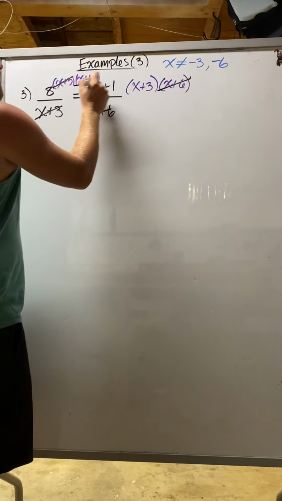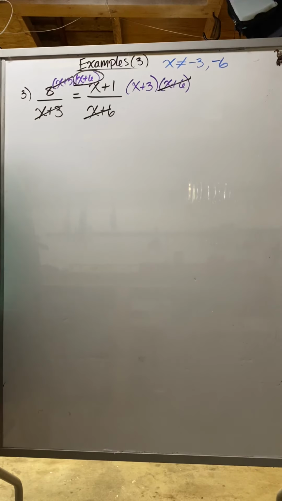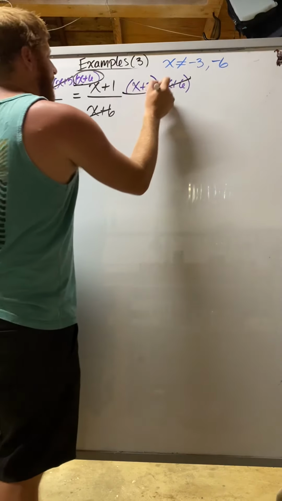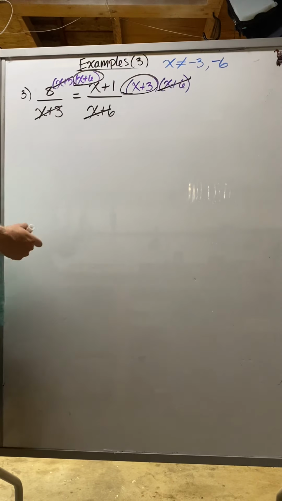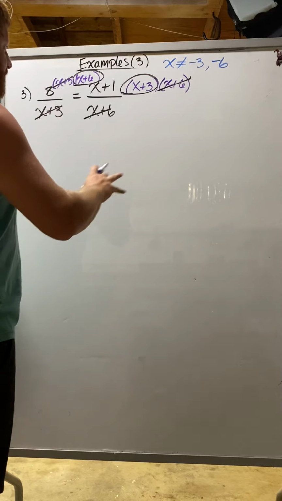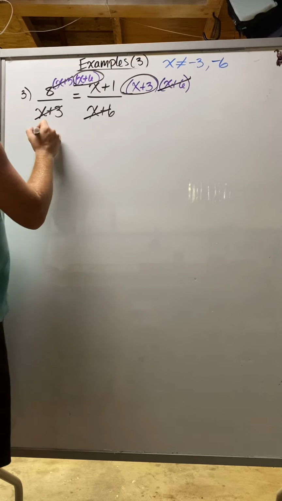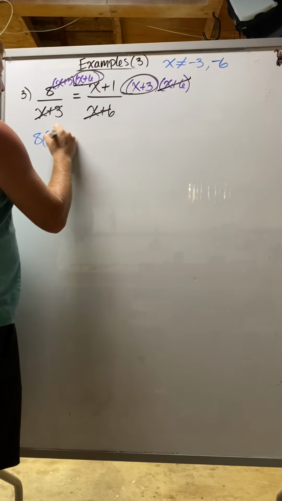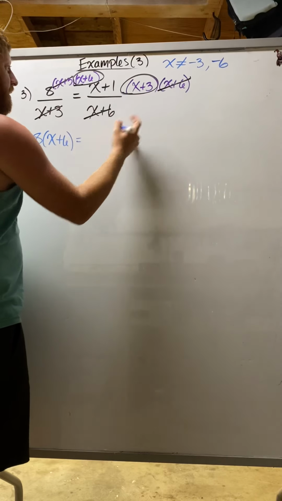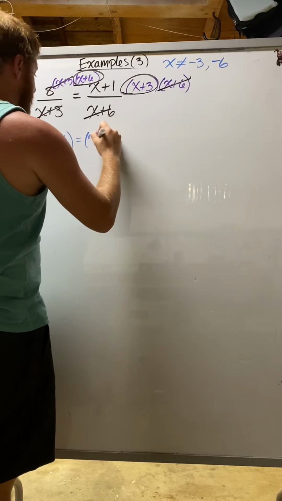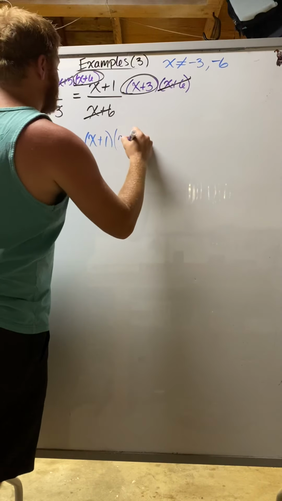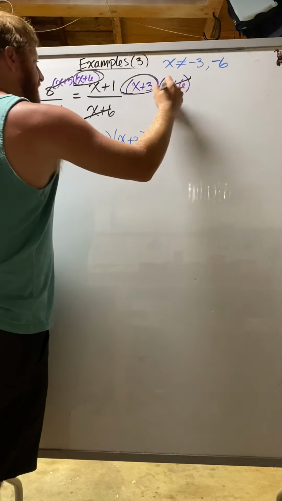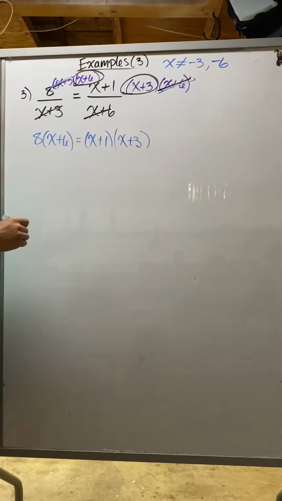In our first fraction, we're timesing by an x plus 6 because that's all that was left. In our second fraction, we're timesing by an x plus 3 because that's all that was left there. I think it was helpful to have the numerators before I times them. This numerator says take 8, times it by x plus 6. This numerator says take x plus 1, I put it in parentheses because we're going to times it in a minute, and times it by x plus 3. But he's gone, and he's gone, so we don't worry about those.